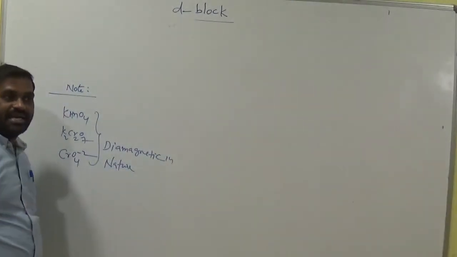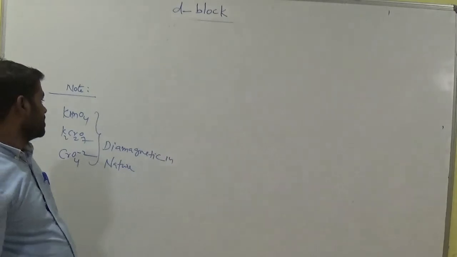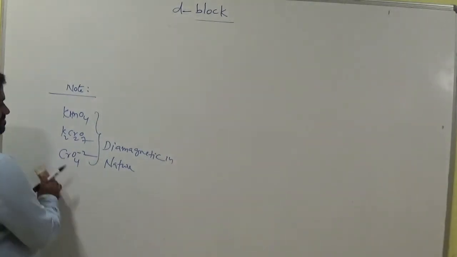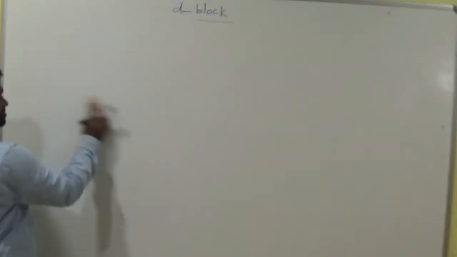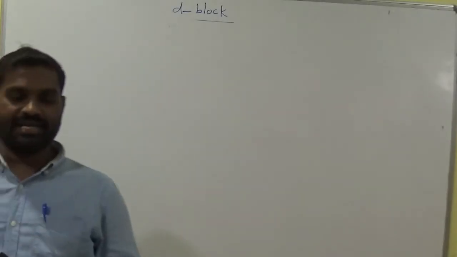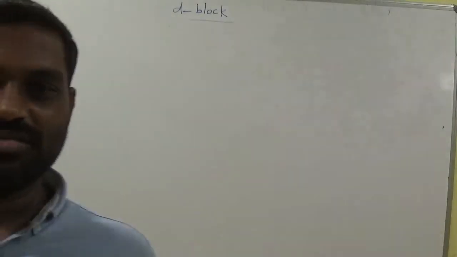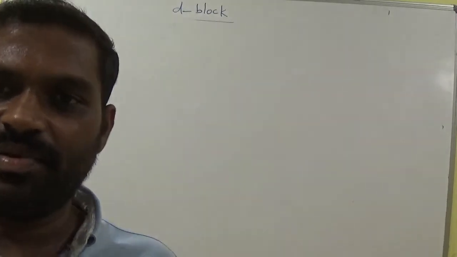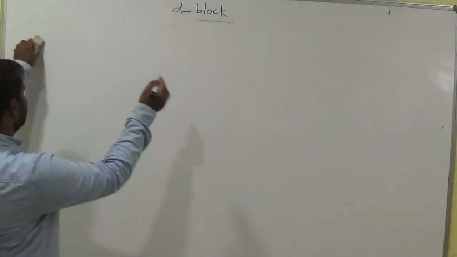That means they are repelled by a magnet. Keep that in your mind. Okay, students, is it clear to everyone? Simple: single electrons in the d orbital easily show the color property. And let's see complementary colors.